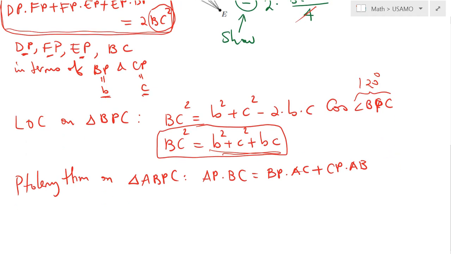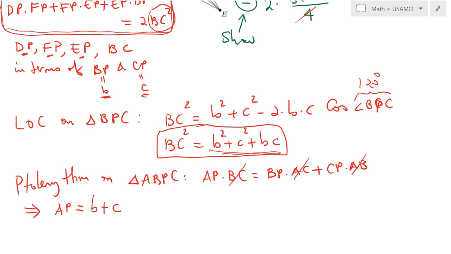And here, because our triangle is equilateral, all these BC, AC, and AB will cancel out, implying as a result that AP is simply equal to BP plus CP, but BP and CP are just lowercase b and c, so simply lowercase b plus lowercase c.